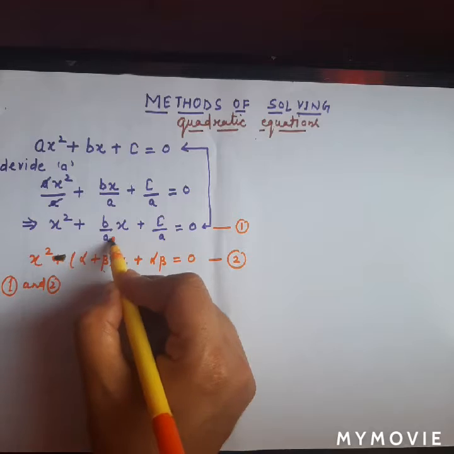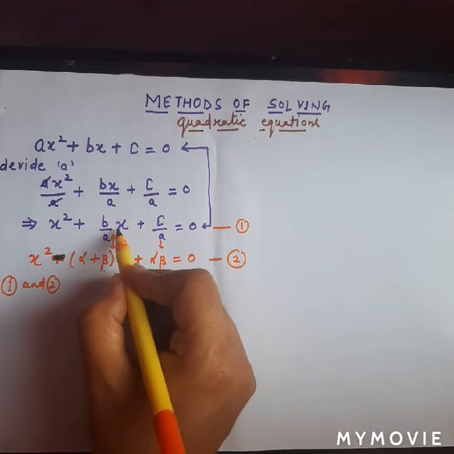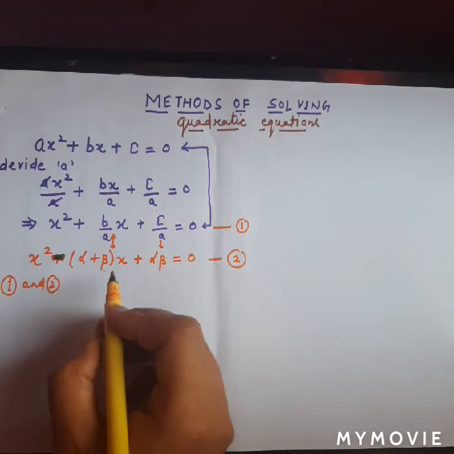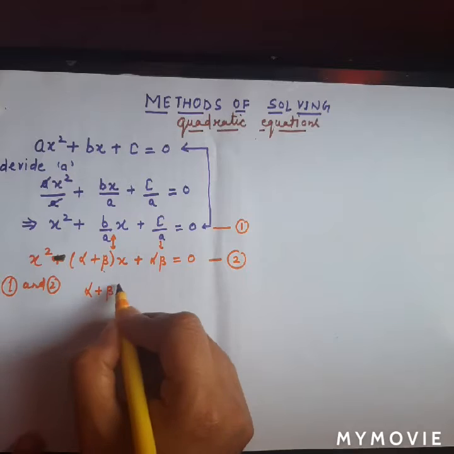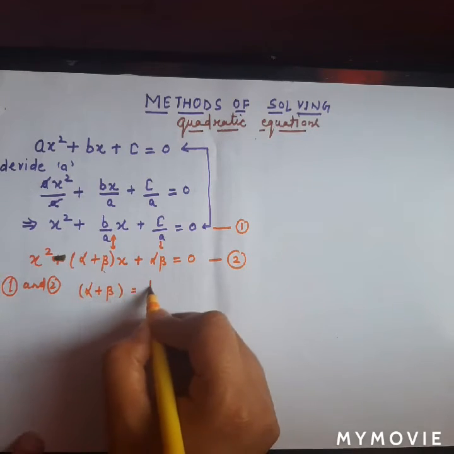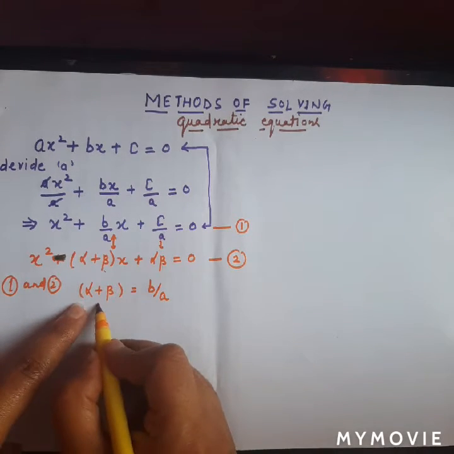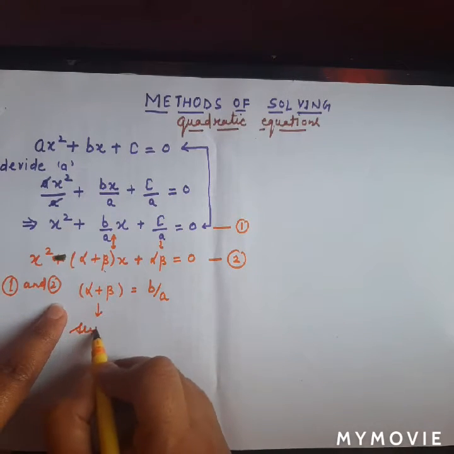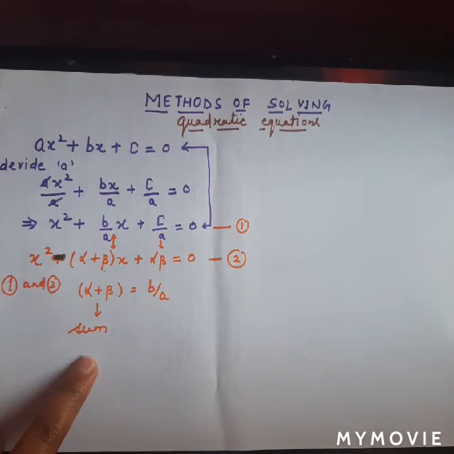After comparing these two expressions, the value with x in both the equations, we will find that alpha plus beta will be equal to b upon a, or we can say the sum of the roots of a quadratic equation will be equal to b upon a.